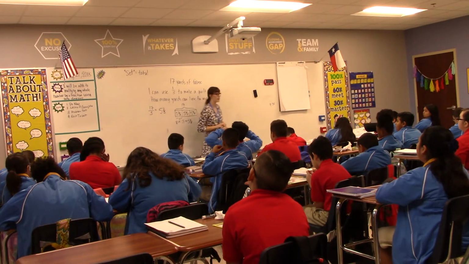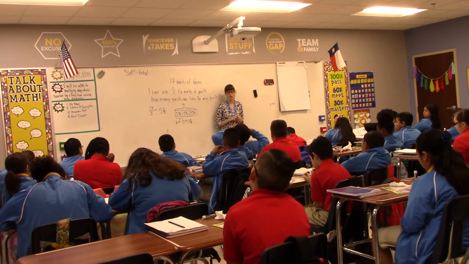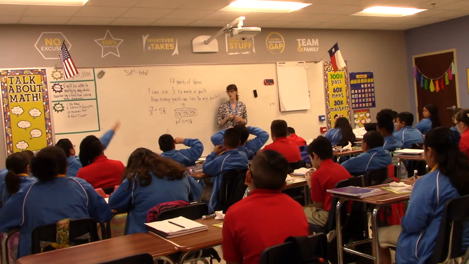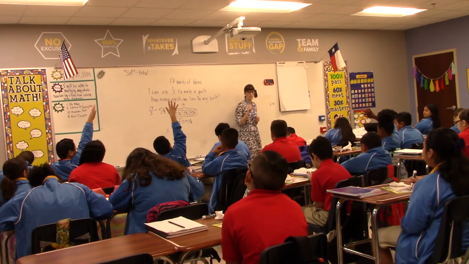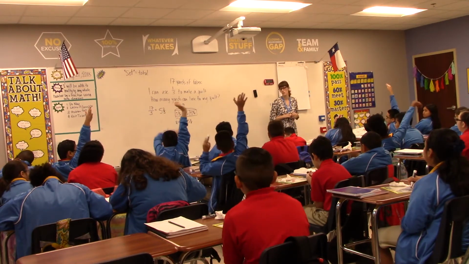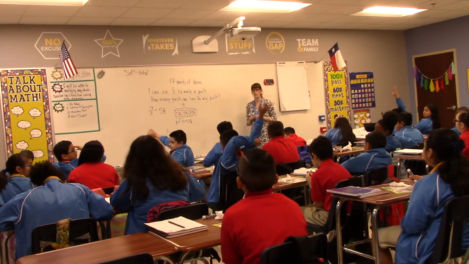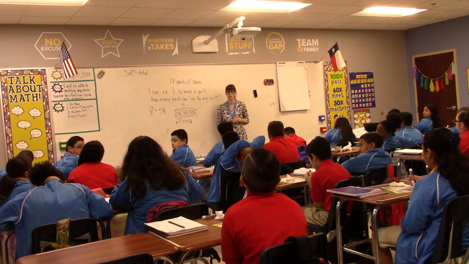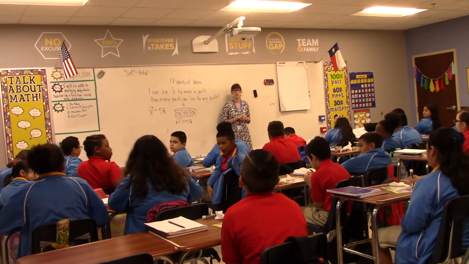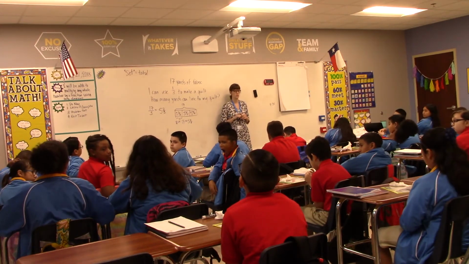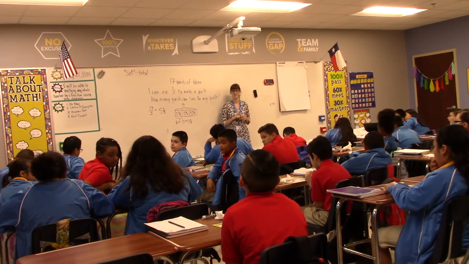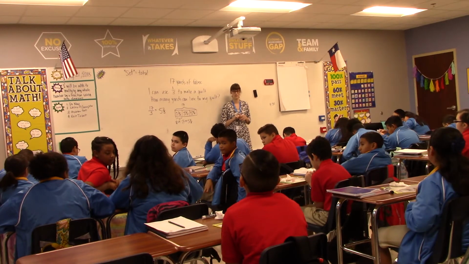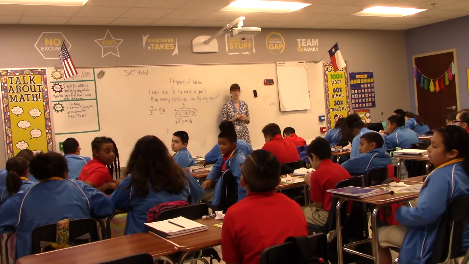Someone raise their hand and in a complete sentence, I need you to tell me how many yards of fabric I can use to make my quilt. I need to see some other hands. Gianna, how many yards of fabric can I use to make my quilt? 5. I need a complete sentence, please. 5 and 2/3 what?